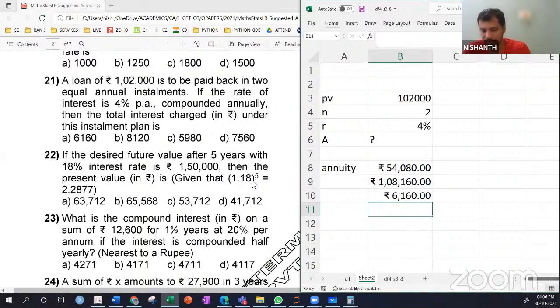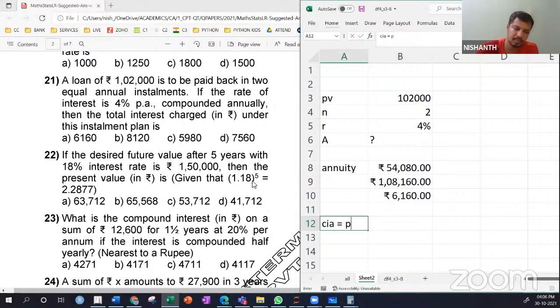So basically, they're asking you to find what principal, right? So compound interest amount is equal to principal into 1 plus r to the power of n.